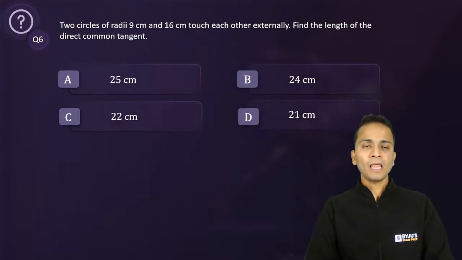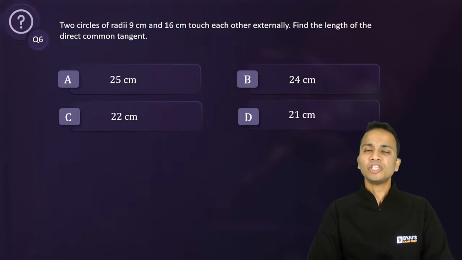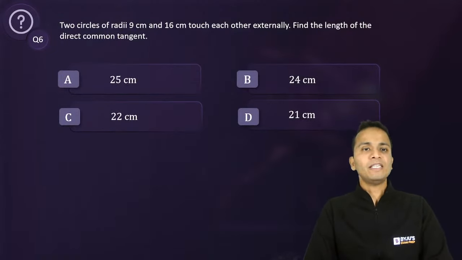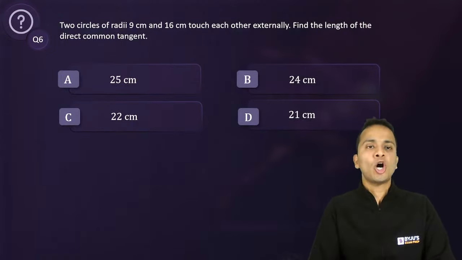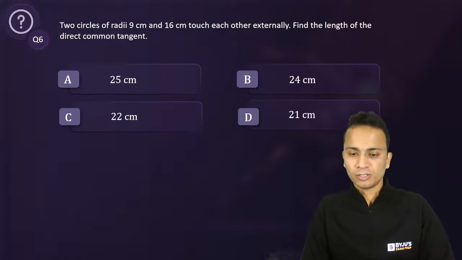Question number 6. Two circles of radii 9 and 16 touch each other externally. Find the length of the direct common tangent between these two circles.